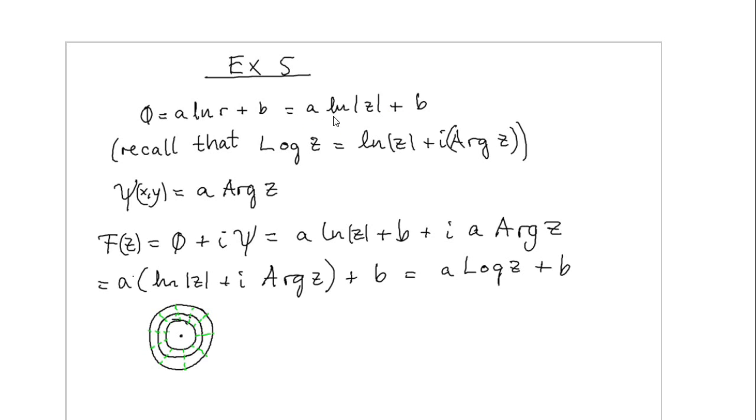and in order now to find the harmonic conjugate of this function phi, we first recall that the principal logarithm of z is just equal to the logarithm of the absolute value of z as real part plus i times the principal argument of z.